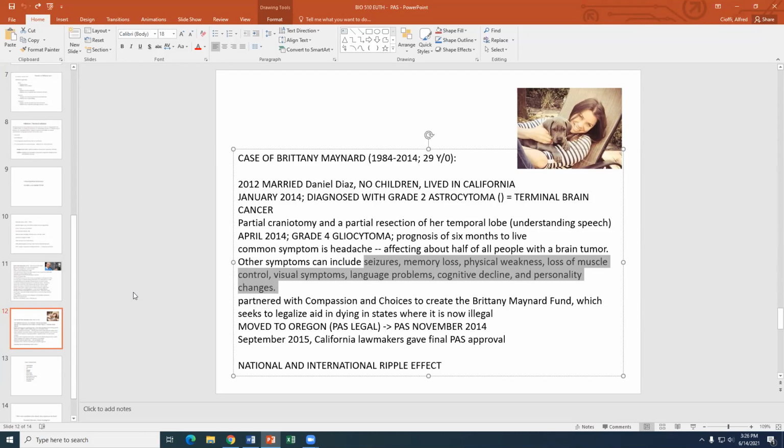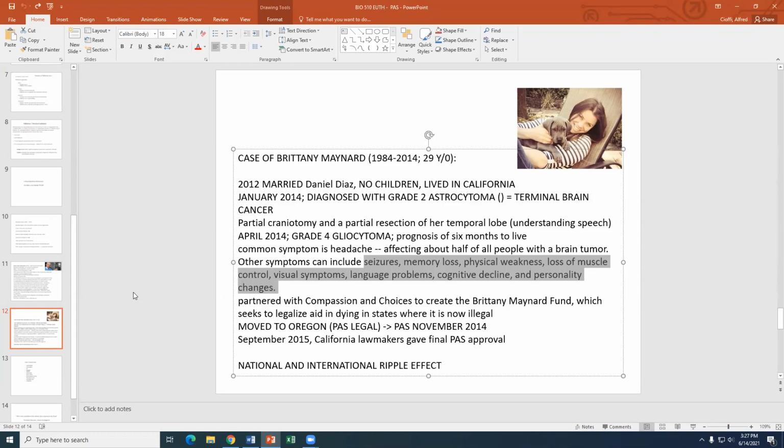So now she's terminal. But in California, PAS was not legal back then in the early 2000s, all right? But in Oregon it is, and you know the West Coast has only 3 states: California, Oregon, and then the third state up is the state of Washington.